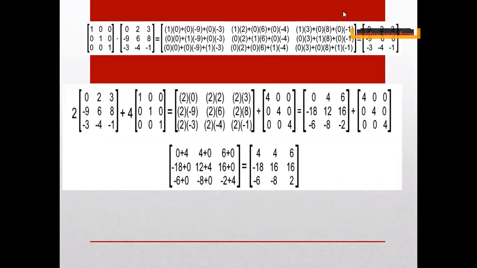Again, each value in each row of the first matrix is multiplied by each value of each column in the second matrix. The resultant matrix is the same as the matrix A, that is 0, 2, 3, minus 9, 6, 8, then minus 3, minus 4, minus 1.